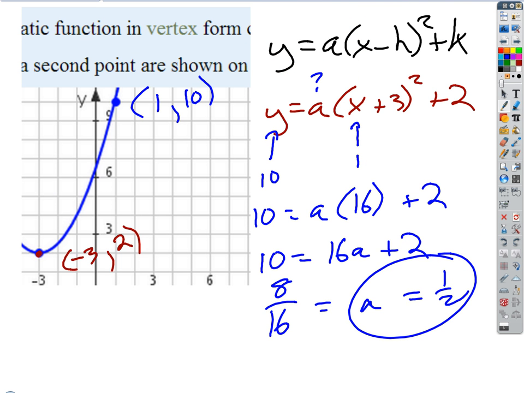So if a is 1/2, all we would have to do is just replace this with a 1/2, and that's our answer, right? In vertex form. If they wanted it in general form, we would just FOIL that out, distribute the 1/2, add 2 with the result, right?